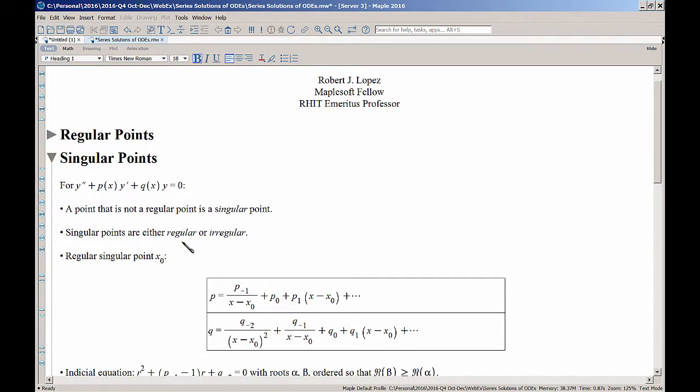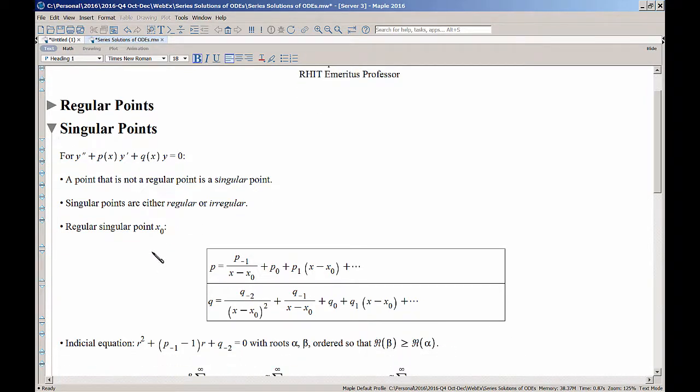The nomenclature here isn't really very intuitive, because the two varieties are called regular and irregular. So you have the perplexing phrase, the regular singular point. So in other words, you have regular points, you have regular singular points, and you have irregular singular points.